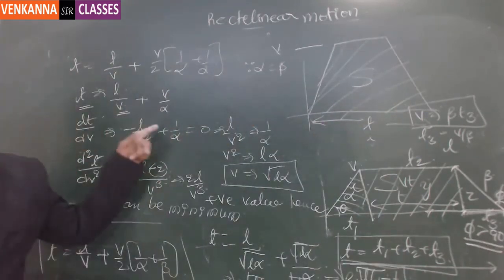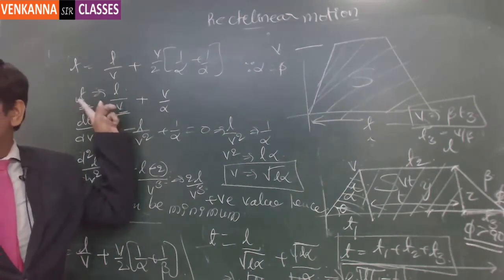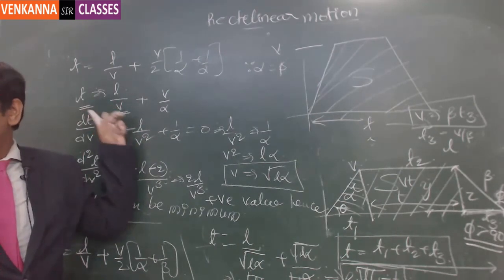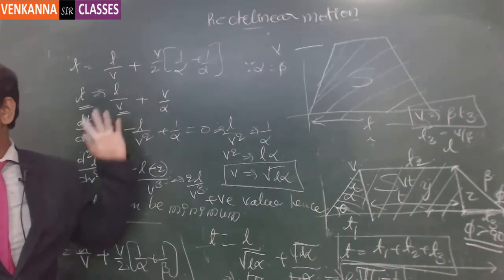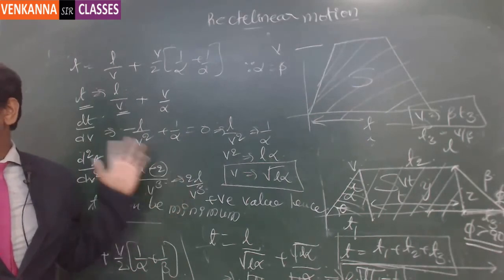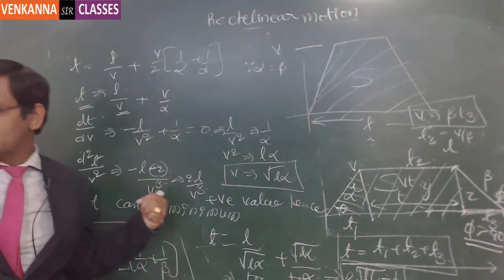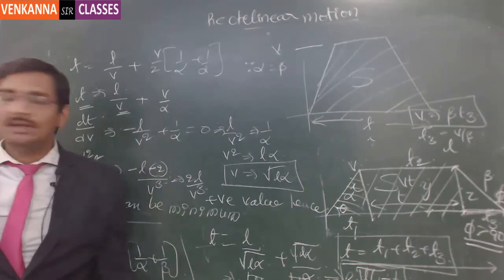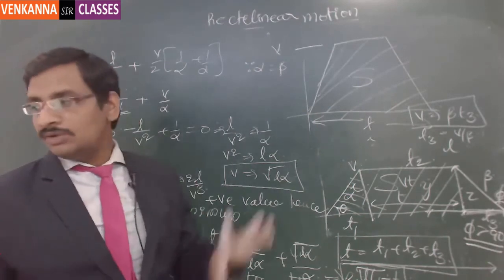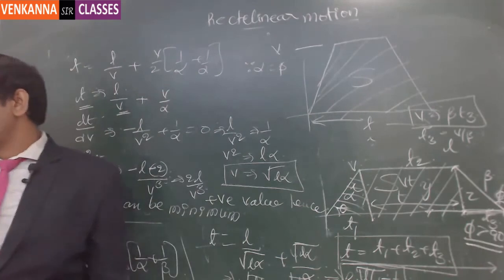If these two are the variables, then with respect to V, if you take the derivative, you will be able to find the minimum value of T, taking V as the variable here. For that you just take the derivative, equate to 0, find the value of V, and then take the second derivative and prove that it is positive, so that you can get the minimum value for T. So this is just normal calculus to find the minimum value from this relation by varying V. That's all. Got it, Zakir?